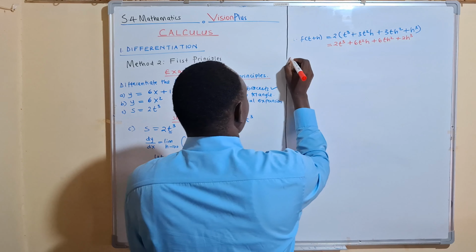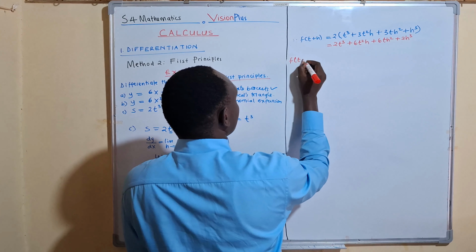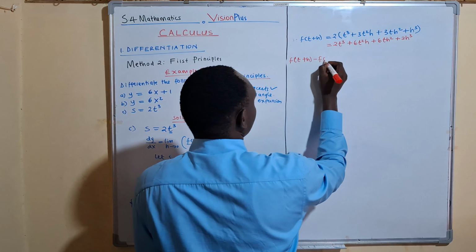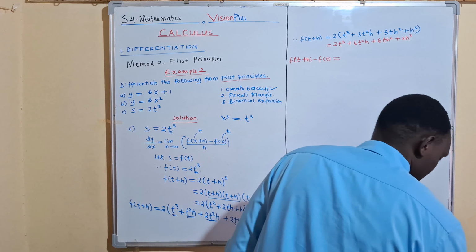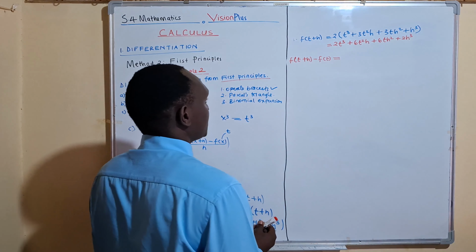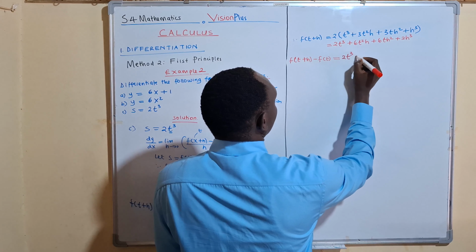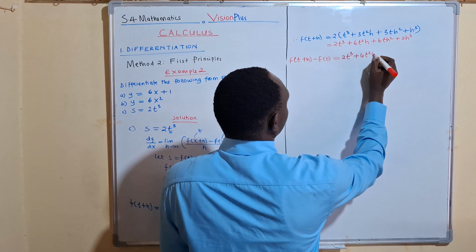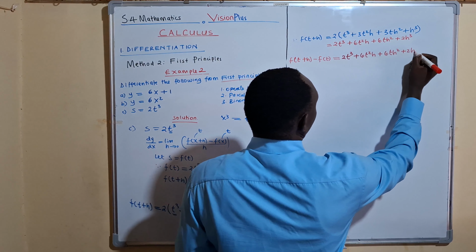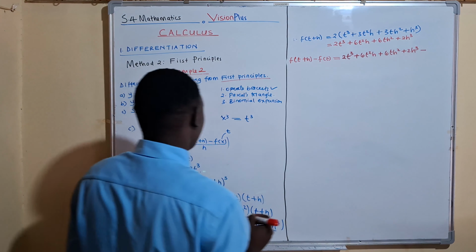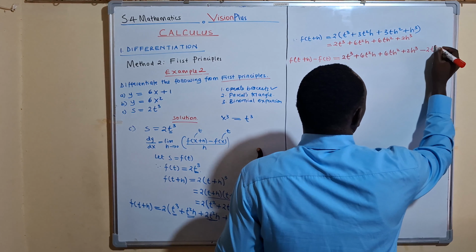So let us subtract. Therefore, f of t plus h minus f of t equals, we substitute for f of t plus h: 2t cubed plus 6t squared h plus 6t h squared plus 2h cubed, minus f of t, which is 2t cubed.